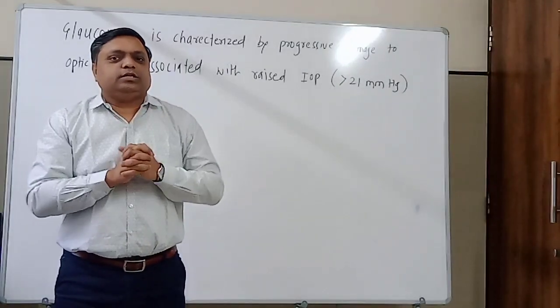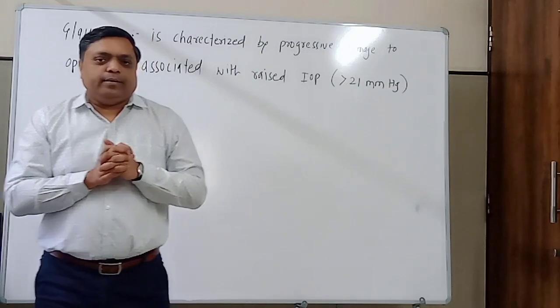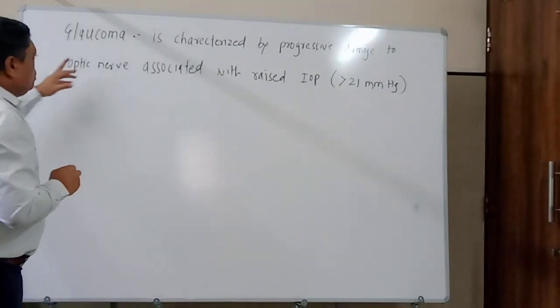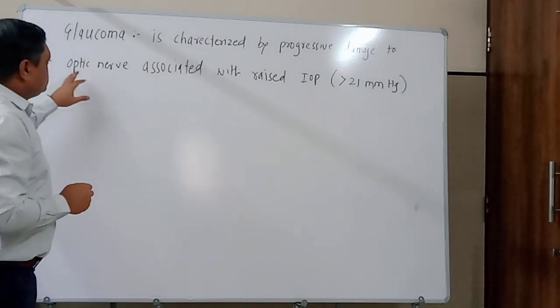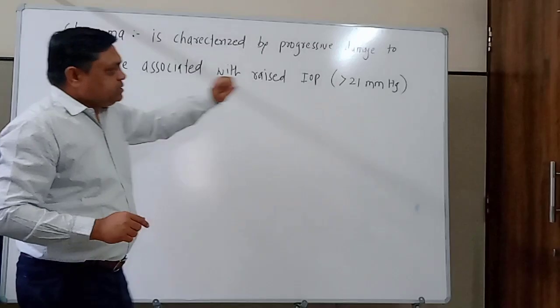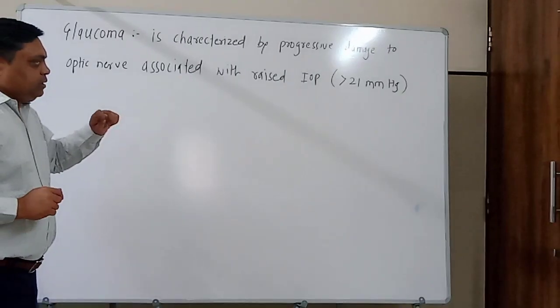Now we are discussing today about glaucoma. In a very simple way, glaucoma is characterized by progressive damage to the optic nerve associated with raised intraocular pressure, that is more than 21 mm of Hg.